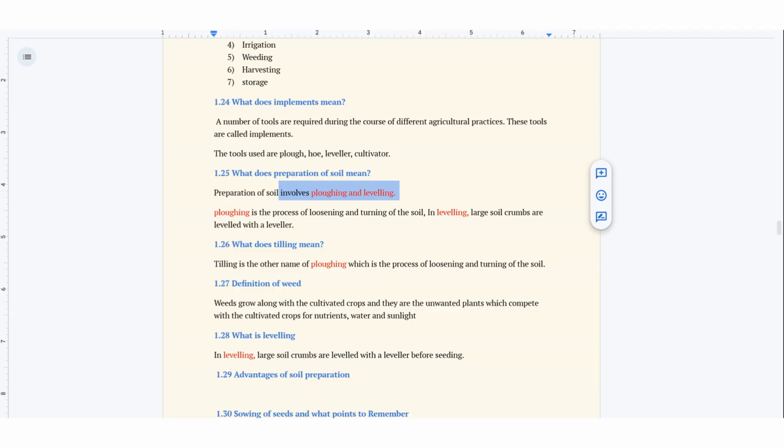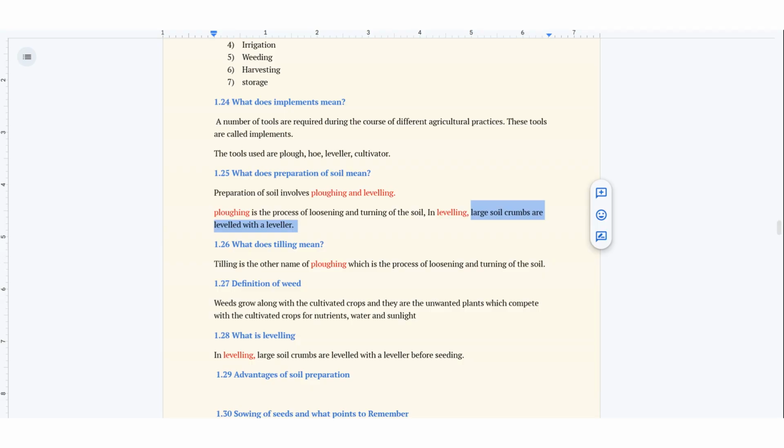Then when leveling comes, you put the land into a total level so that water is evenly distributed. Plowing is the process of loosening and turning the soil. In leveling, large soil crumbs are leveled with a leveler.